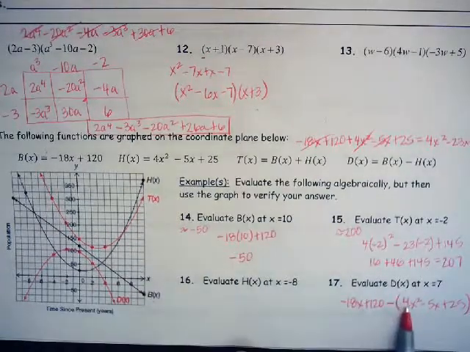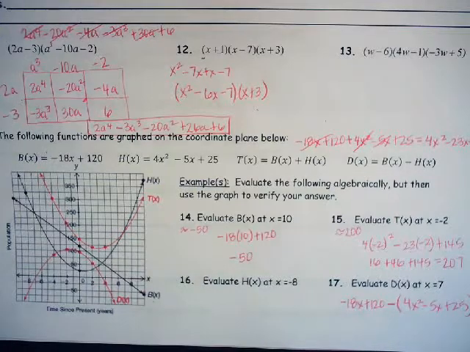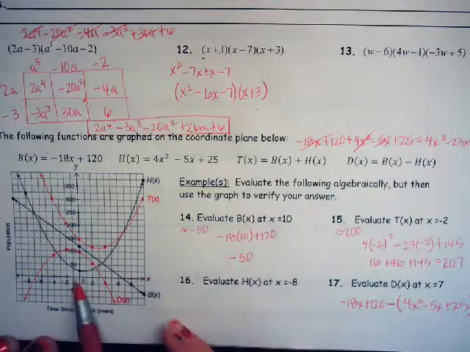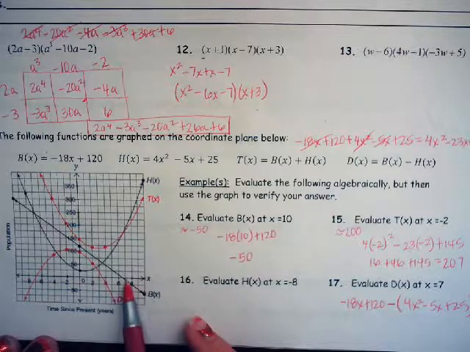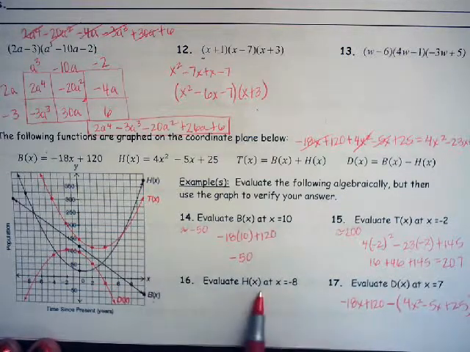And then when I distribute my negative, I change all these signs. And after I do that, I'll plug in x equals 7 and compare it to what number I thought I should get on the graph, which would be, if x equals 7, d of x probably goes somewhere down around here, probably about negative 200 or negative 150, something like that.